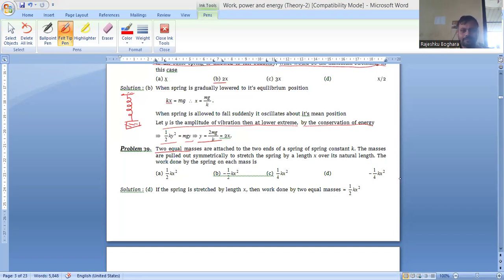Find the work done by the spring on each mass.